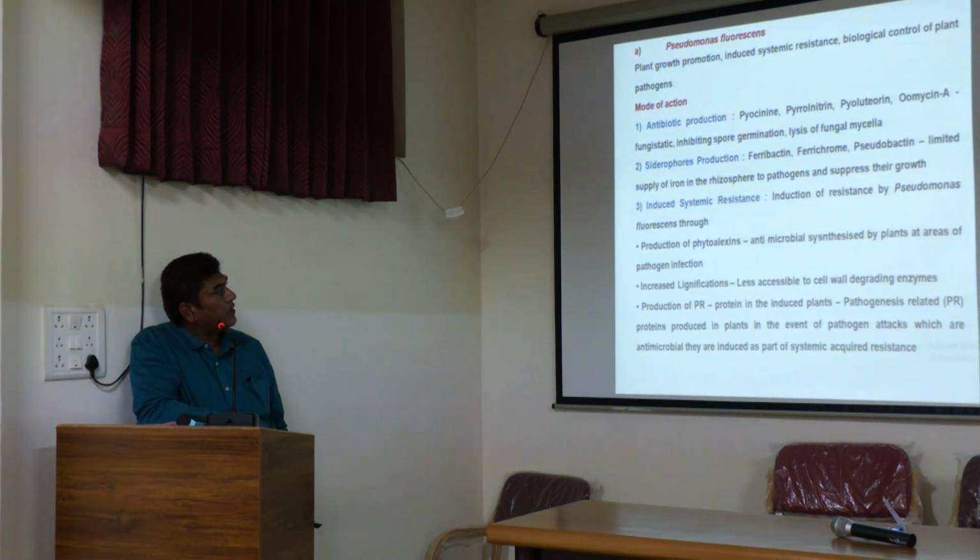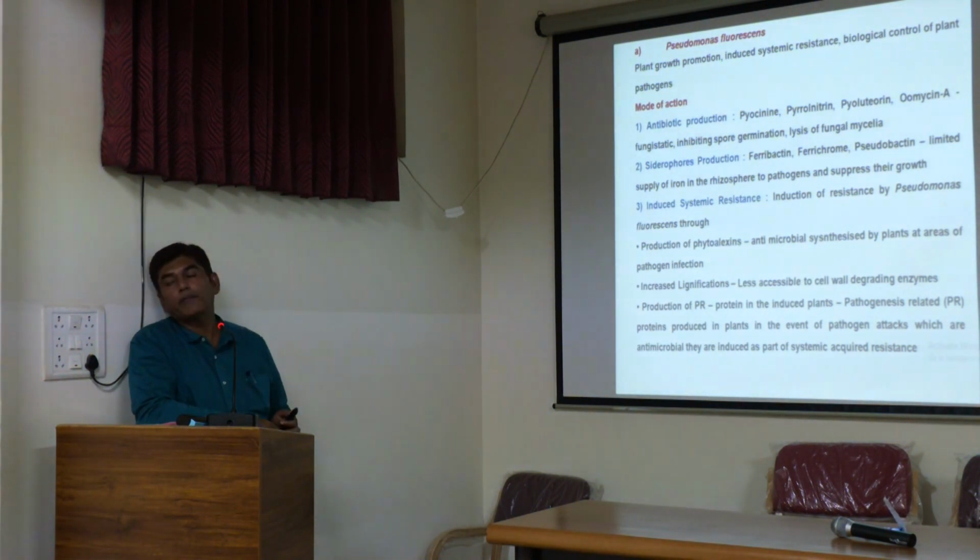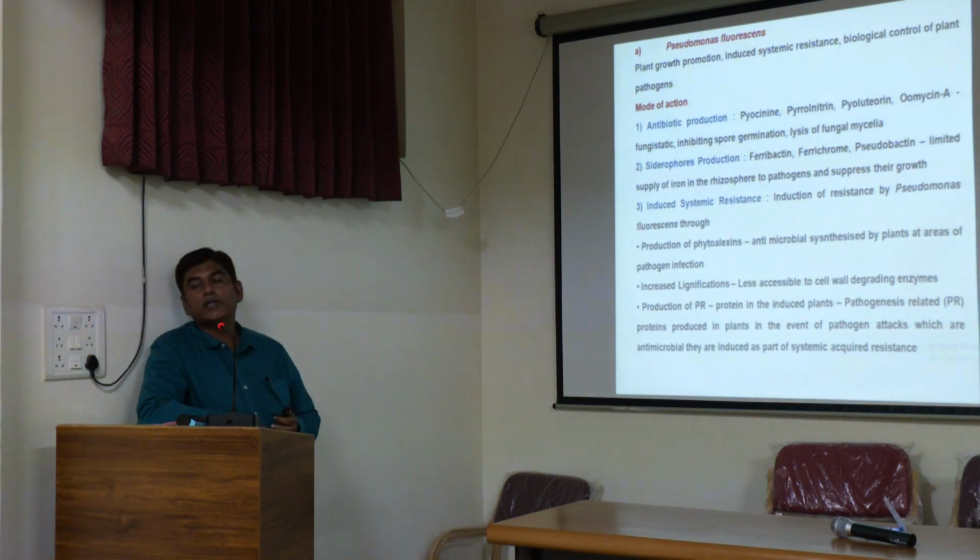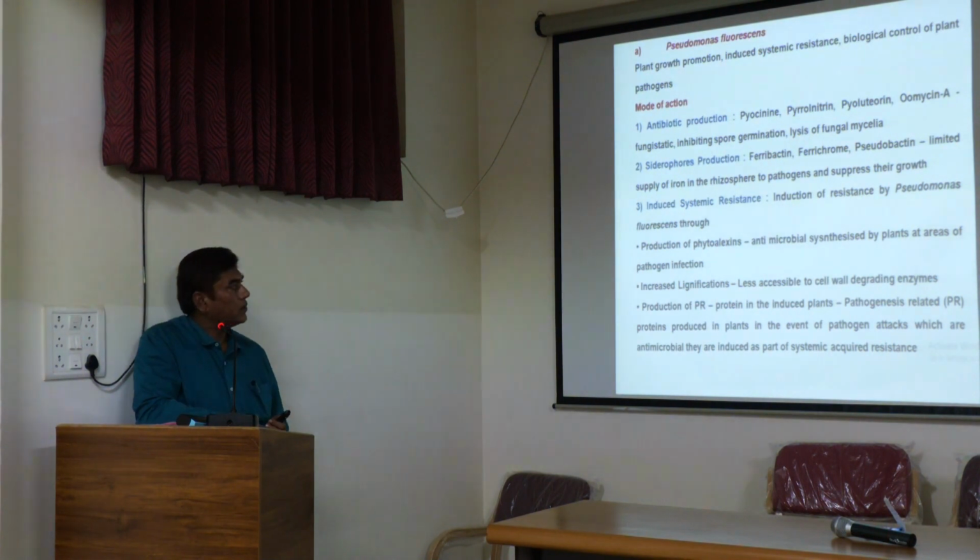Second important is siderophore production that will produce ferribactin and pseudobactin-like siderophores, which reduce the supply of iron to the pathogens, thereby suppressing the growth of the pathogens.